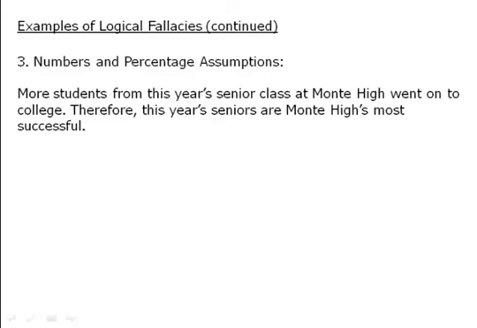Well, imagine this. Let's just make it the 2010 class here at Monty High. In this 2010 class, you had 100 students and 99 went on to attend college. That's amazing. And then this year, 2011, we had 200 students in the class, or they combined maybe with another school.